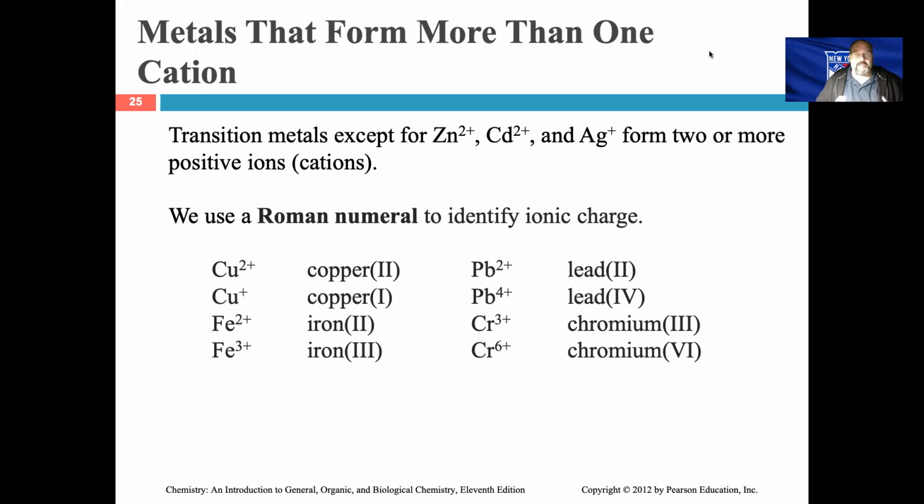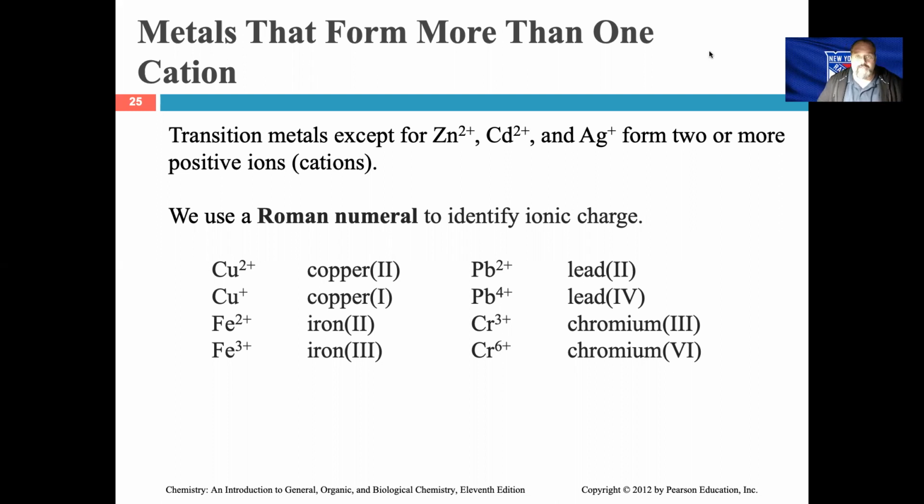What makes the B group elements different, and remember the B group elements are your transition elements, they are all metals, is that most of the B group metals tend to form more than one cation. In other words, they form ions with different charges.